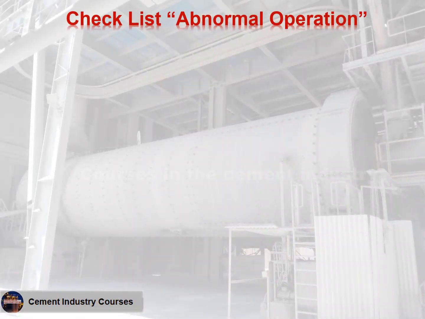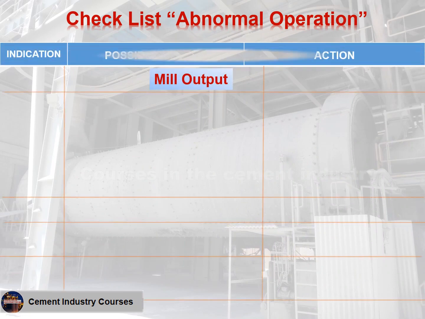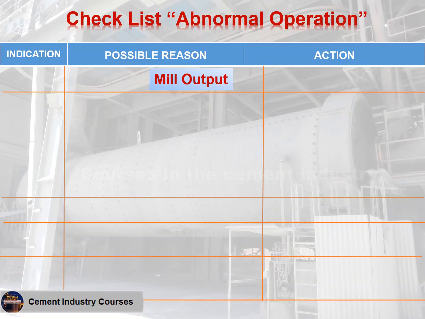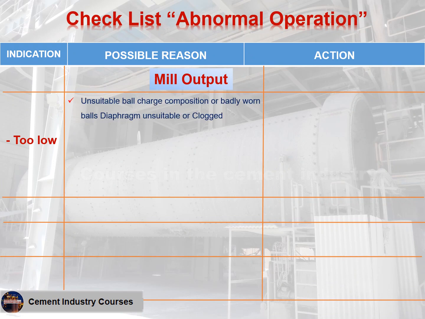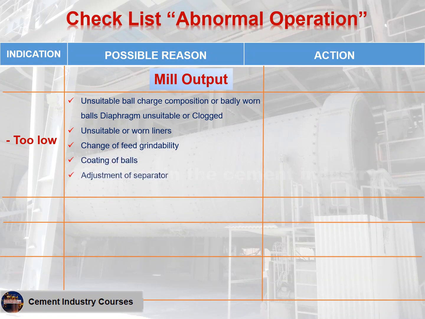Checklist, abnormal operation, for tube mills. Firstly, mill output. Indication: too low. Possible reasons: unsuitable ball charge composition, or badly worn balls; diaphragm unsuitable, or clogged; unsuitable or worn liners; change of feed grindability; coating of balls; adjustment of separator; operator's error.